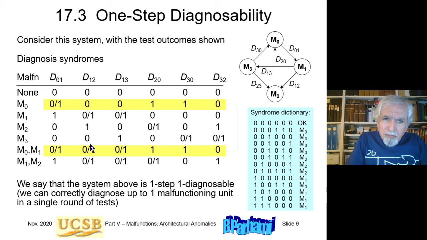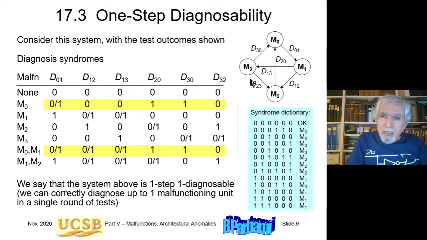This is 0, but this can also be 0. 1 matches 1, 1 matches 1, 0 matches 0. So the two cases of M0 being the only malfunctioning module, or M0 and M1 being two malfunctioning modules, are not distinguished. So we say that this system is one-step one-diagnosable.